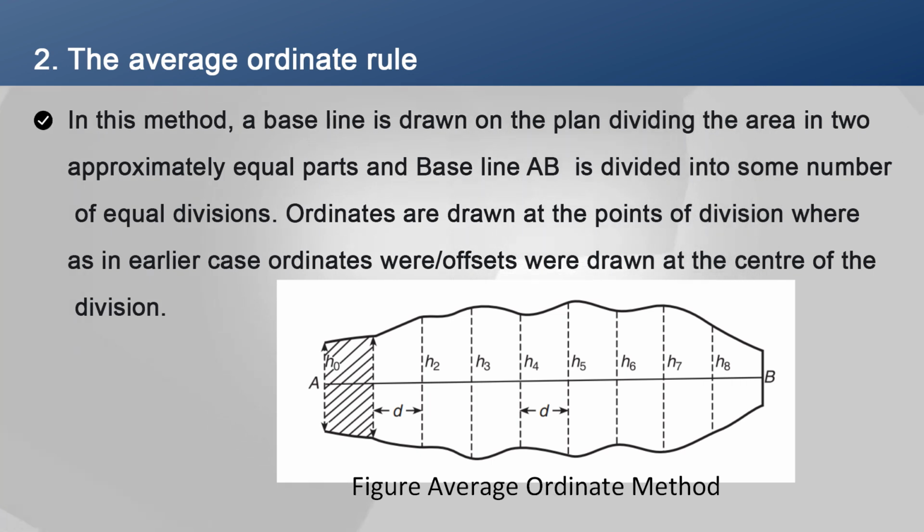You have to focus at this point that ordinates are drawn at the points of division, whereas in the earlier case ordinates or offsets were drawn at the center of division. Here ordinates are not calculated at the center of division. In the average ordinate rule, we have to calculate ordinates at the points of division.